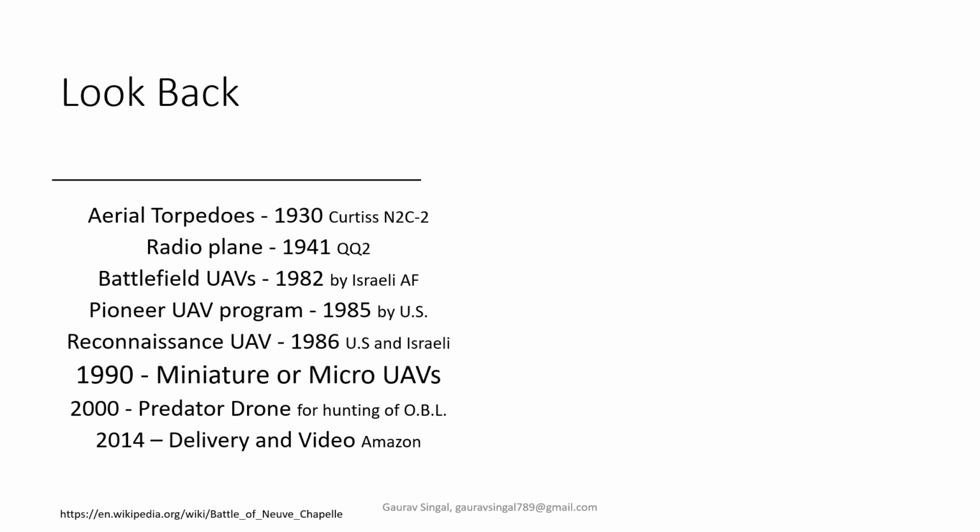Basically, first is the aerial torpedo, then the radio plane, battlefield UAVs, the Pioneer UAV program, then the reconnaissance UAV program, then micro UAVs, in 2000 the Predator, then in 2014 delivery. For delivery, people are trying.